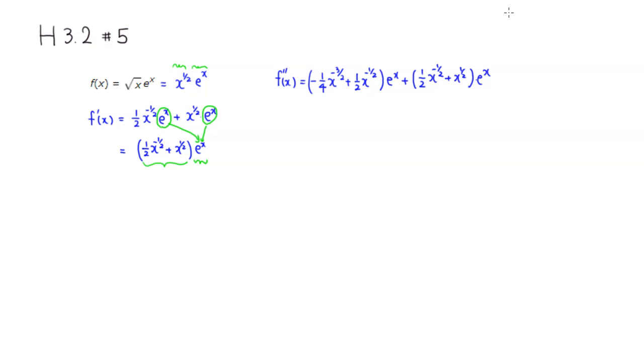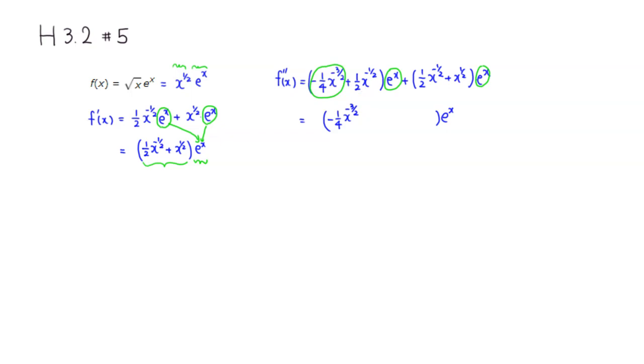At least we can pull out the common factor, e to the x, to make it look a little bit nicer. So you have e to the x outside now. We have this guy: a negative 1/4 x to the negative 3/2 power.